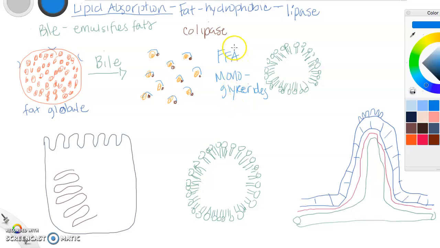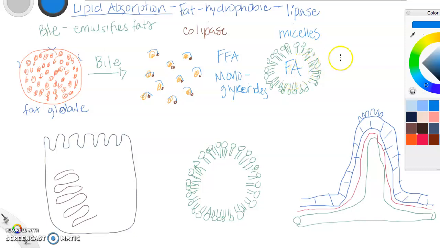And it forms these things called micelles. And these are little tiny molecules of phospholipids. This is a layer of phospholipids, and they surround the fatty acid or the monoglyceride. And they're condensed, so they're really, really tiny.